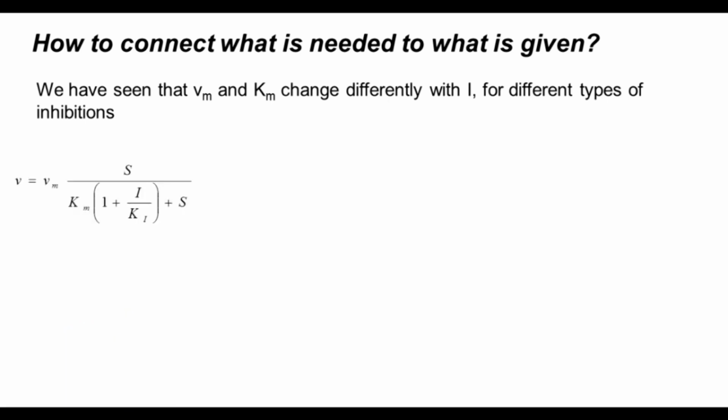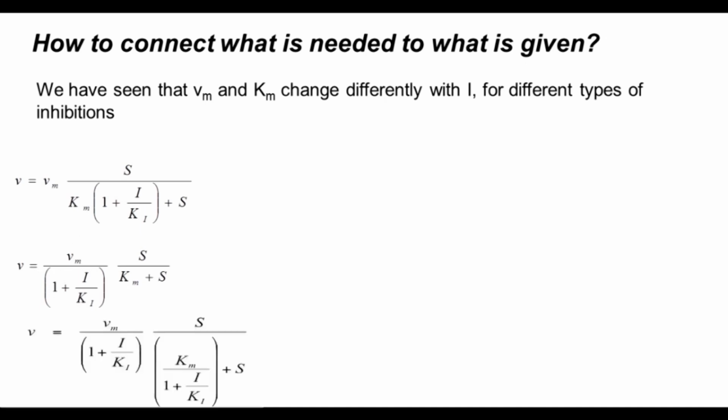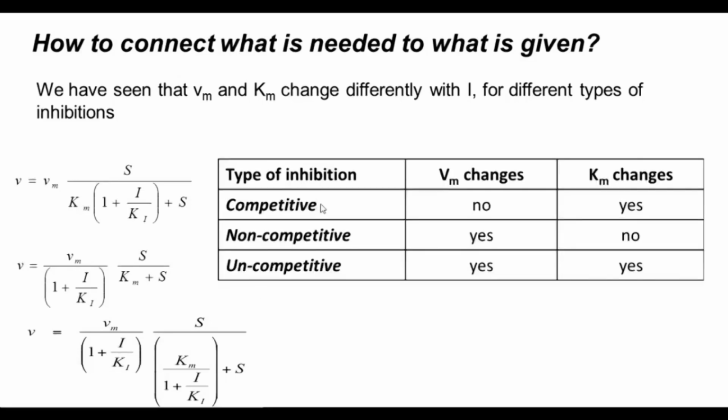For the competitive inhibition, V equals Vm S by Km into 1 plus I by Ki plus S. The Km gets modified. For the non-competitive inhibition, the Vm gets modified. And for the uncompetitive inhibition, both Vm and Km get modified in this fashion.